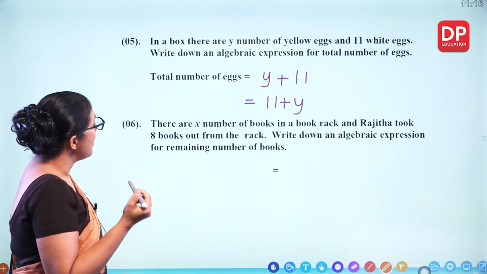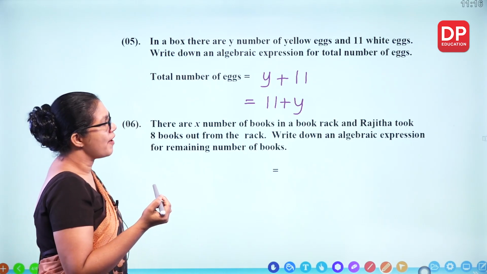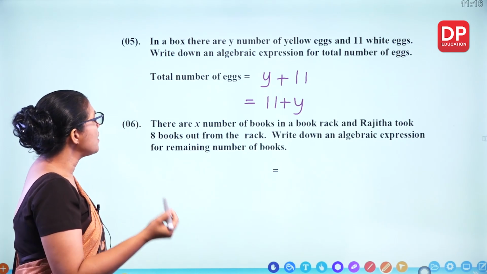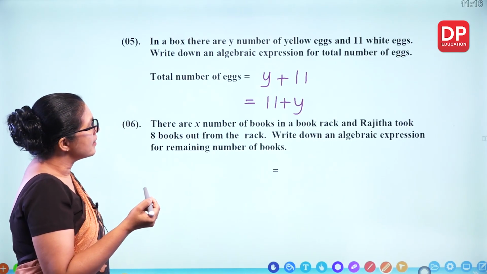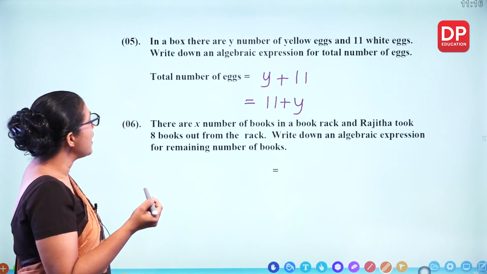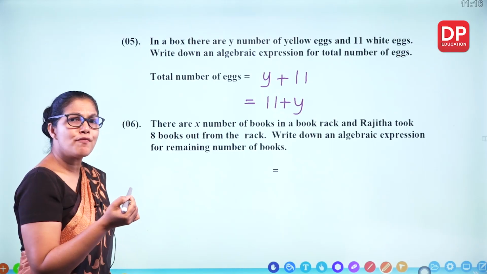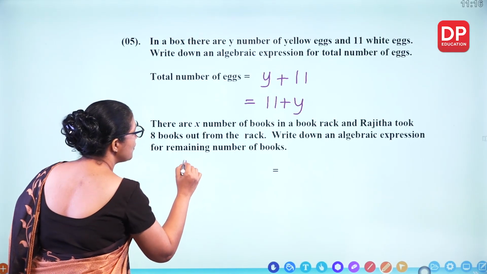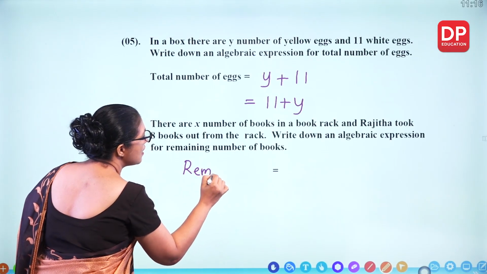This one. There are X number of books in a book rack and Rajita took 8 books from the rack. Write down an algebraic expression for the remaining number of books. So how do we find out the remaining number of books?